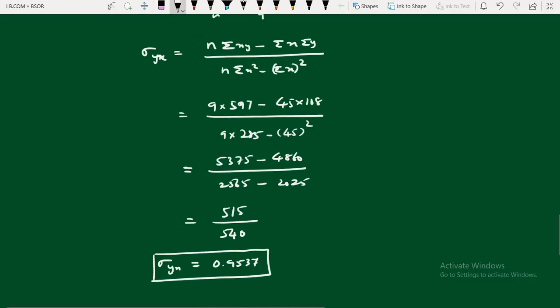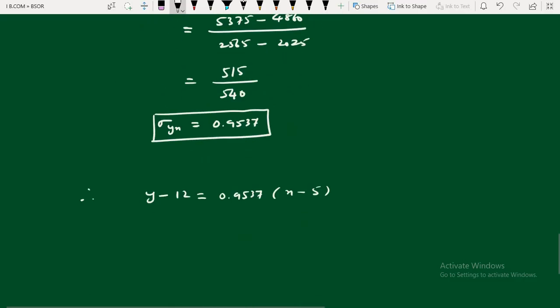Multiply this inside: y equal to 0.9537 into x minus 0.9537 into 5, that is 4.7685.